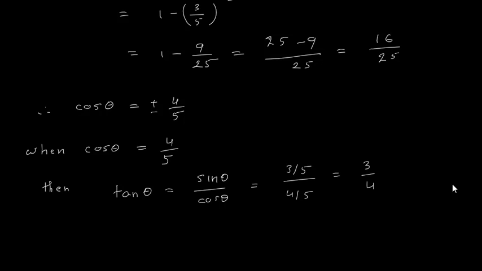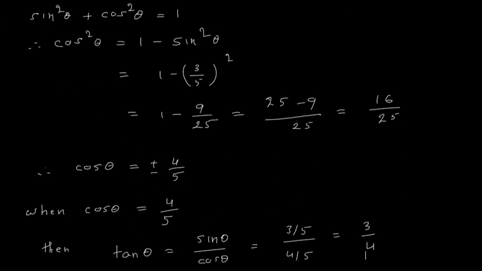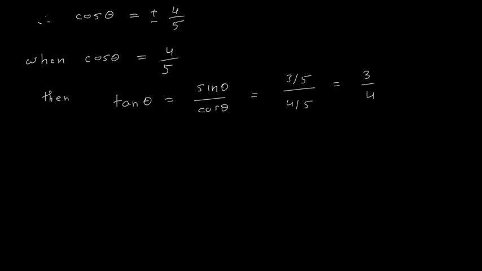So we have the value of tan theta, we have the value of cos theta. So therefore cos theta plus tan theta. Now the value of cos theta is 4 upon 5 and the value of tan theta is 3 upon 4.